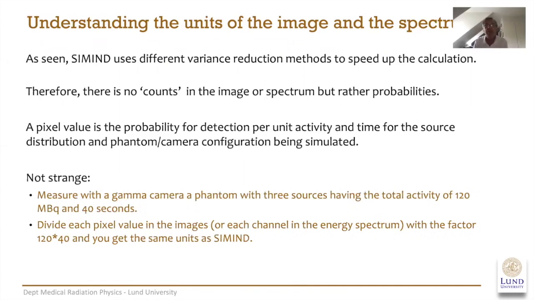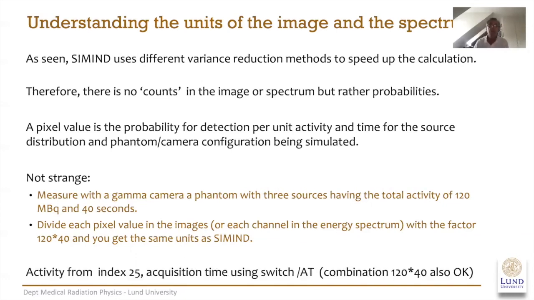And this you can also get from a real measurement. Suppose you measure with a gamma camera a phantom with 3 sources having a total activity of 120 megabecquerel, and you measure it for 40 seconds. If you now divide each pixel value in that image, or each channel in the energy spectrum if you're working with that, by a factor that is the product of 120 and 40, you get the same units as SIMIND.